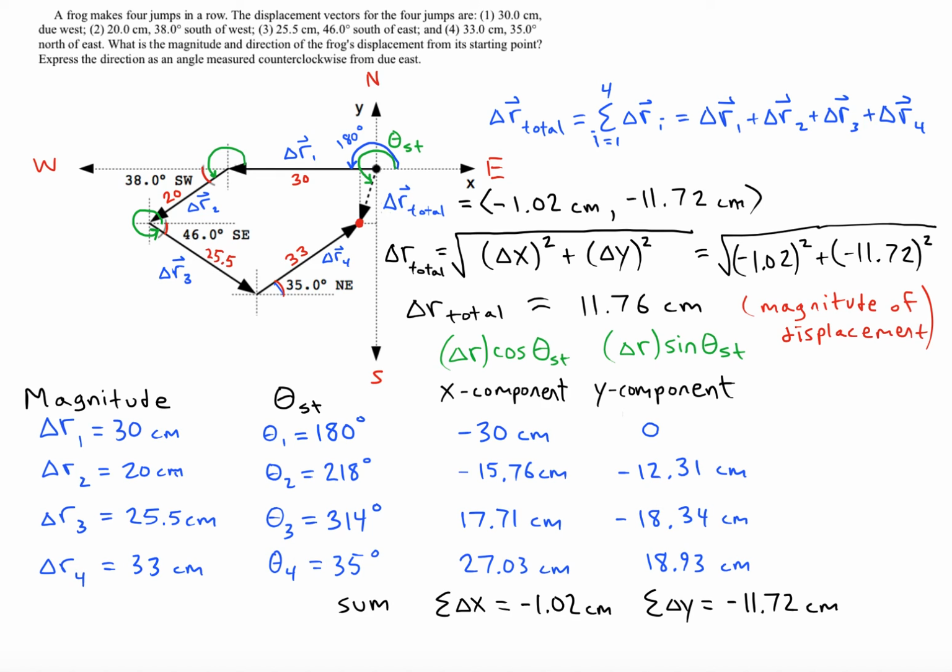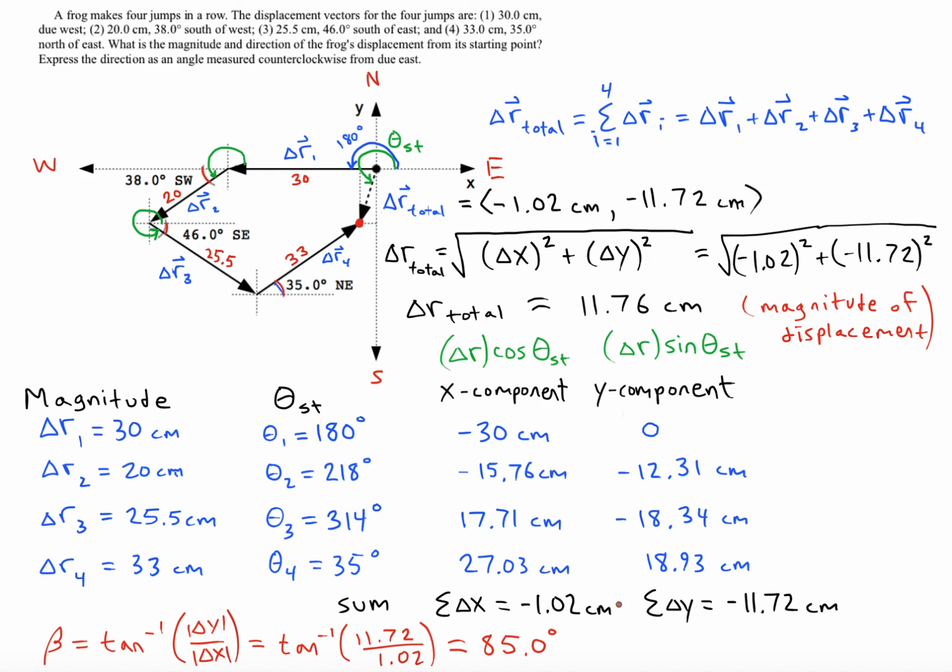All right, we're also asked for the angle of the displacement in standard position. So for that, we'll first use the reference angle formula. Take the tan inverse of your delta y over your delta x. It's approximately 85.0 degrees.